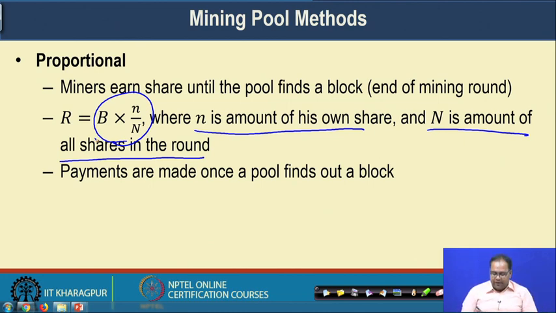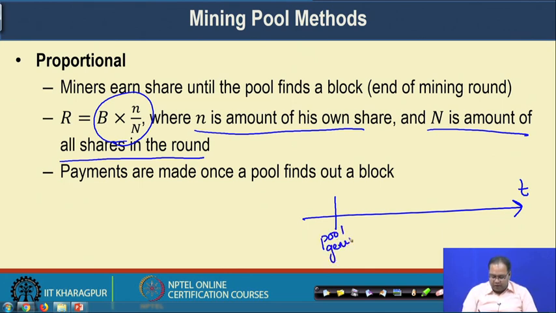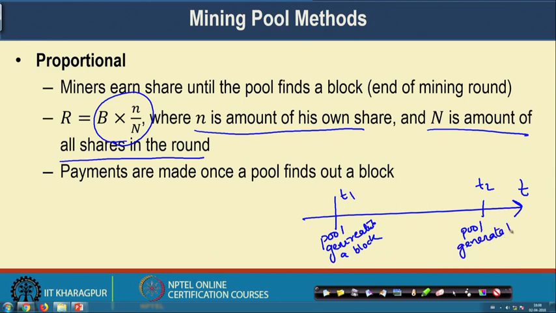So, a mining round means, say, this is the time instant. At this particular time instant, the pool has generated a block, and again, say at T1, at T2 the pool has generated a new block.